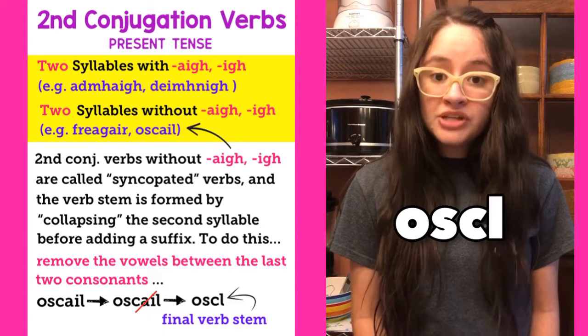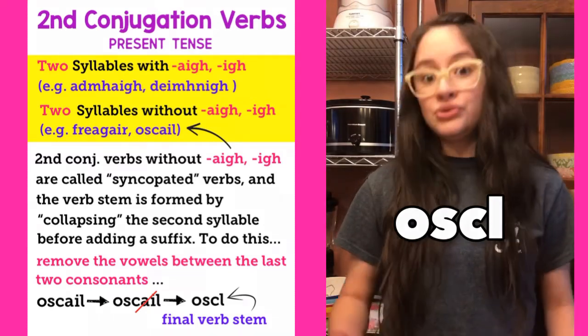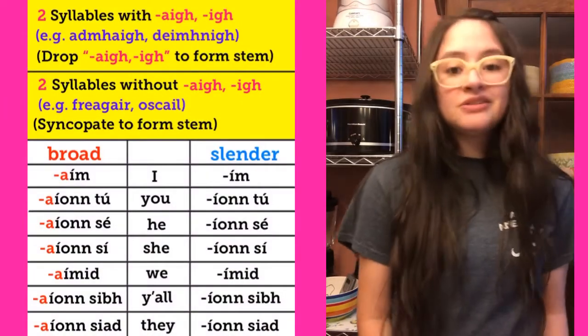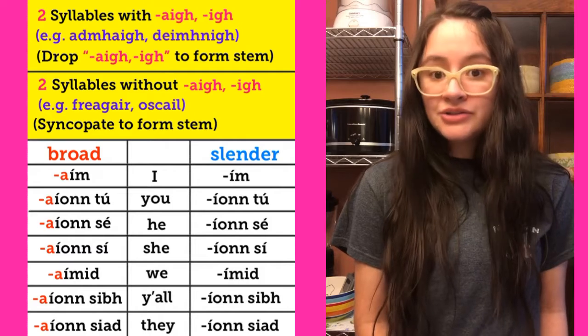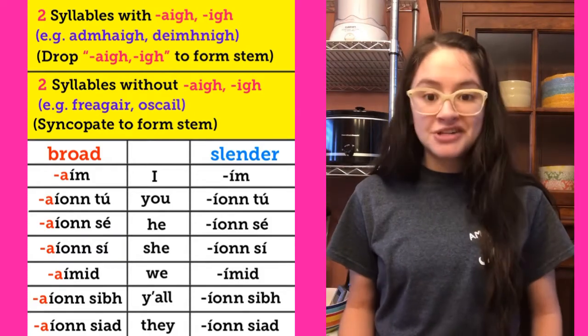That's the final verb stem that we will add suffixes onto to be able to use the verb. So we have to distinguish again between broad verbs and slender verbs to know what suffix to pick to tag on the end. So now that we know all that, let's get ready to conjugate.